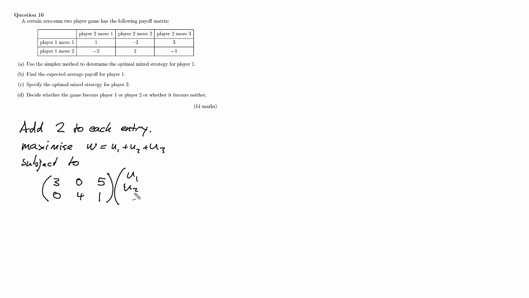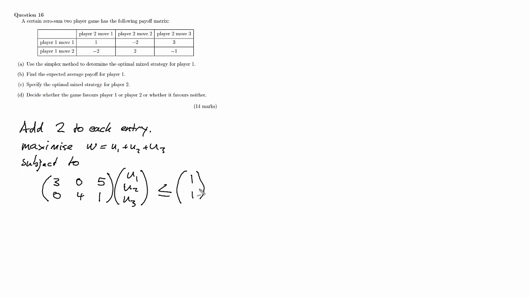The next thing to do is to understand the linear programming problem we're trying to solve. This will be: maximize W equal to U1 plus U2 plus U3 subject to the following constraints: 3, 0, 5, 0, 4, 1, U1, U2, U3, less than or equal to 1, 1.